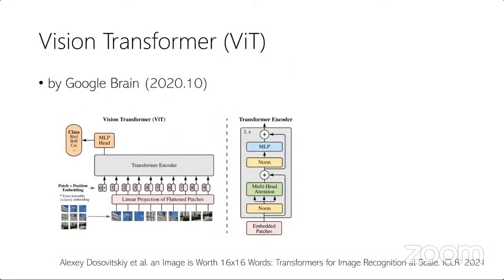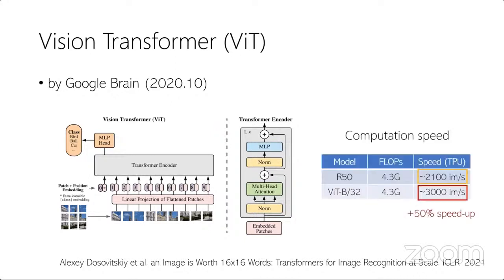The situation was changed by a milestone work from Google, ViT, as we introduced at the beginning. In addition to the impressive results on image classification, it has another interesting behavior. Please see this table. On a TPU, it's even 50% faster than ResNet with similar FLOPs.